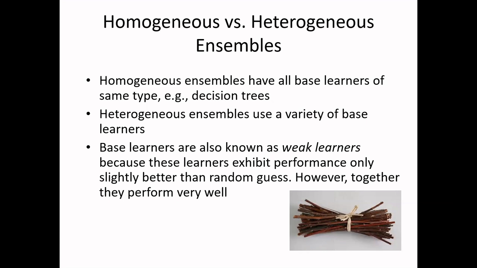You are just happy with 55, 58% accuracy in an ensemble method for each base learner. All right. So these base learners are thus known as weak learners. That is, they are not really good. They're C type of students. They are not A grade students. All right. So they are weak students or weak learners. However, when you put them together, they do a good job.